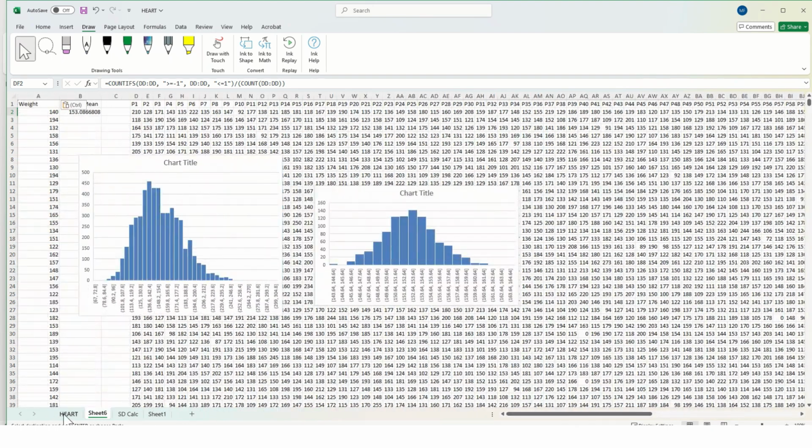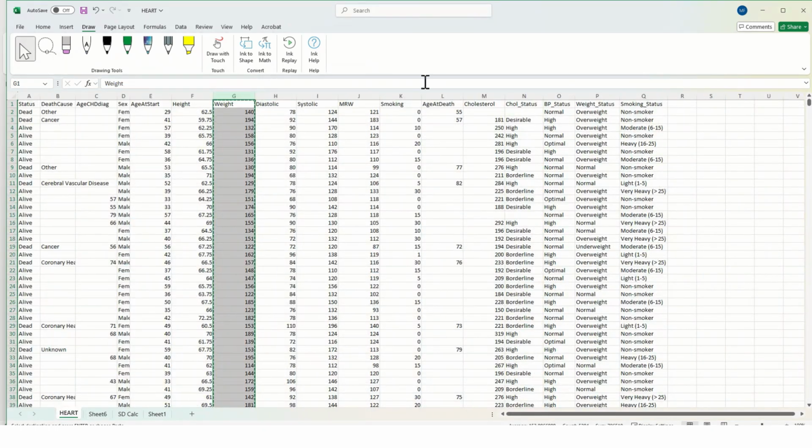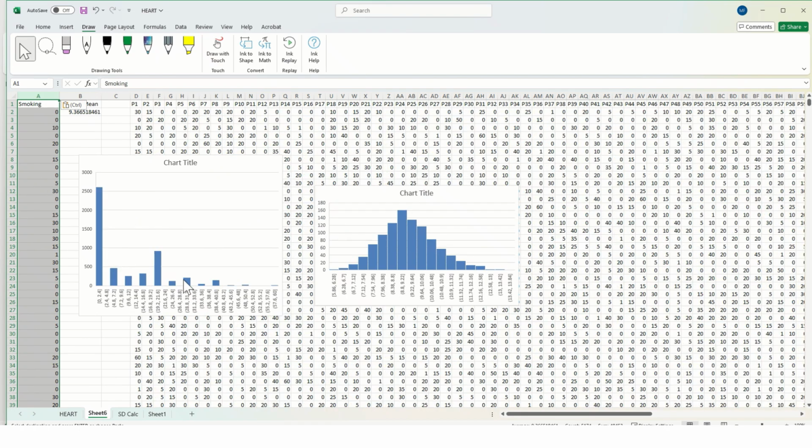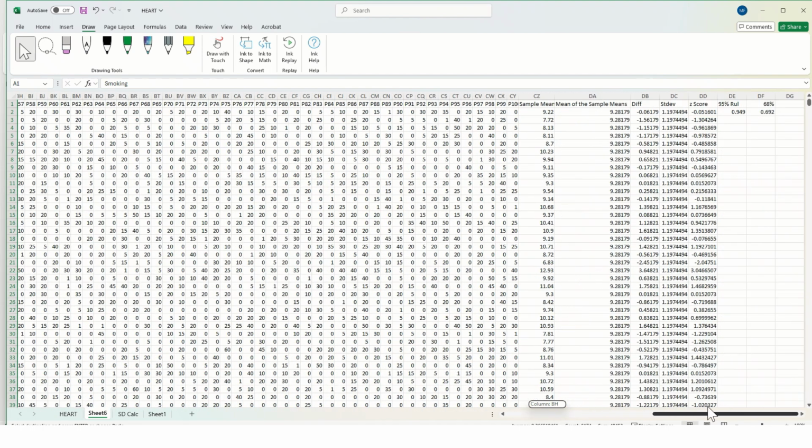Even with smoking, which is totally not normally distributed, as you can see on the left histogram, the means are normally distributed.